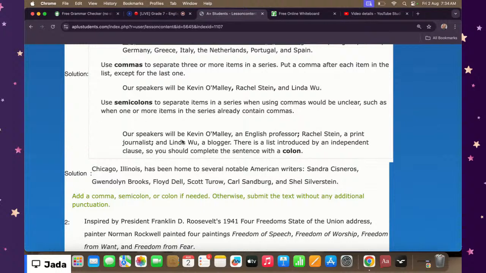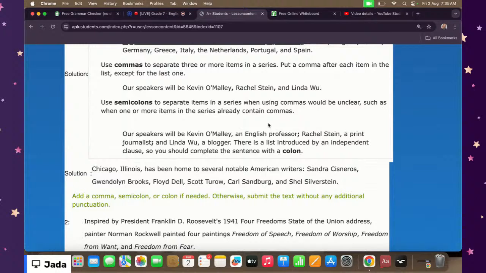Our speaker will be Kelvin, an English professor; Rachel Steen, a print journalist. So after the name of the person with what they are doing or their profession, you put your semicolon. After the name, semicolon. That's how it goes. But you do not put anything in the last one.